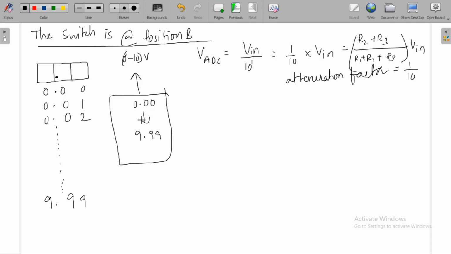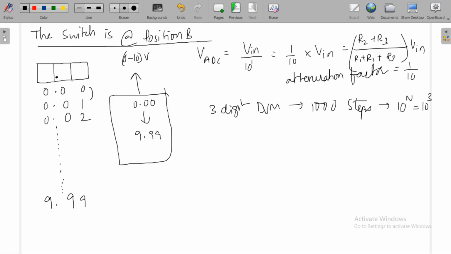The voltage range is 0 to 10 volts. Coming to the resolution, for a 3 digit DVM you're going to have 1000 steps, because 10 to the power of n means 10 to the power of 3 for a 3 digit DVM.